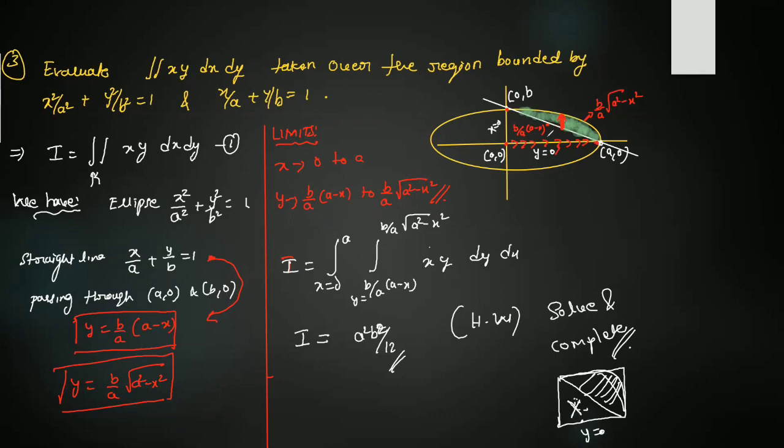So we have to talk about only this straight line to this curve. We cannot take it from 0. If you take it from 0, you are including this part as well, so it is not our region. You have to take this line and this curve. Any other doubts?